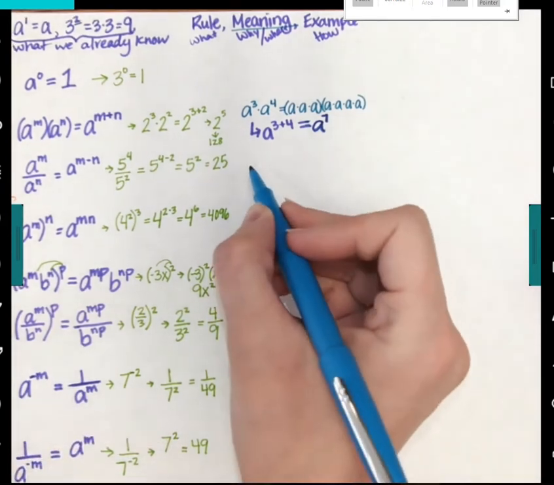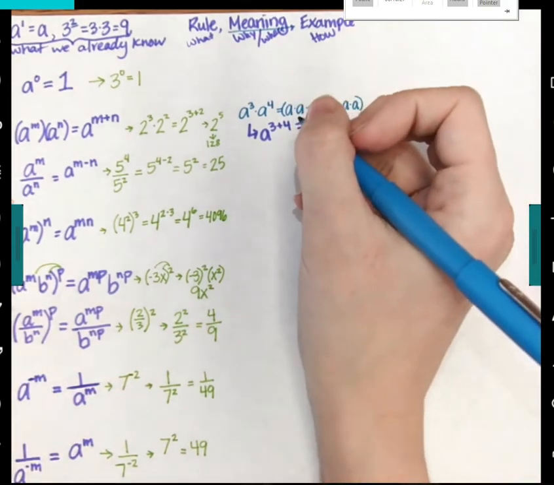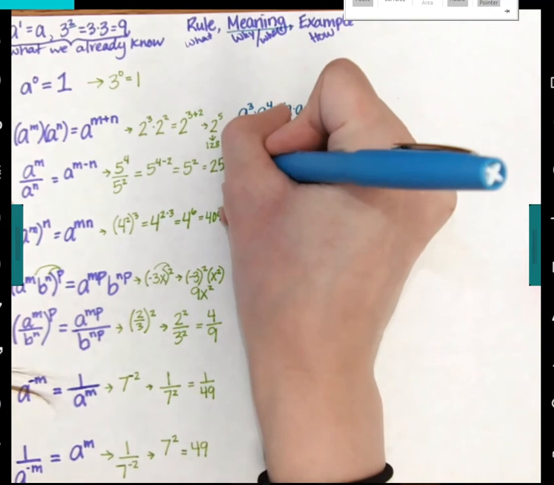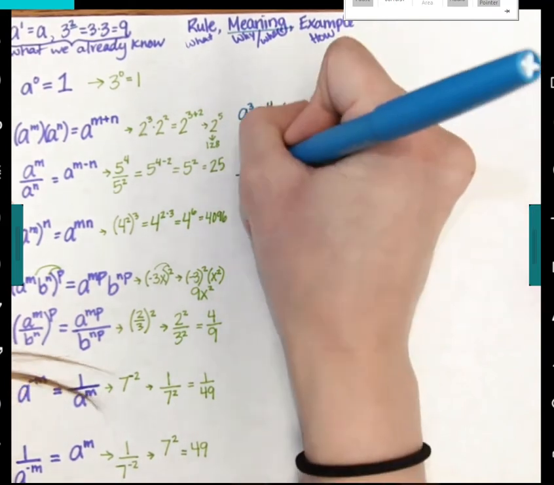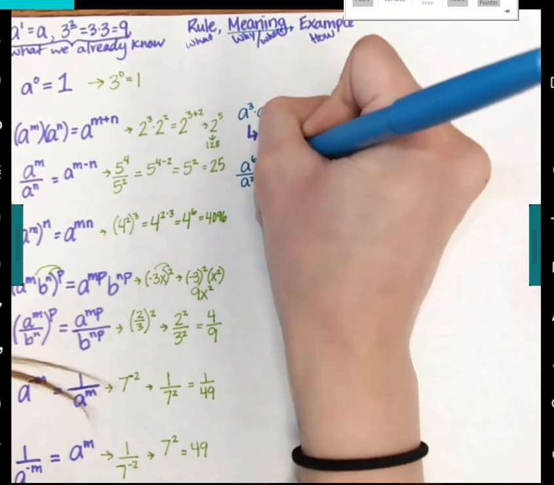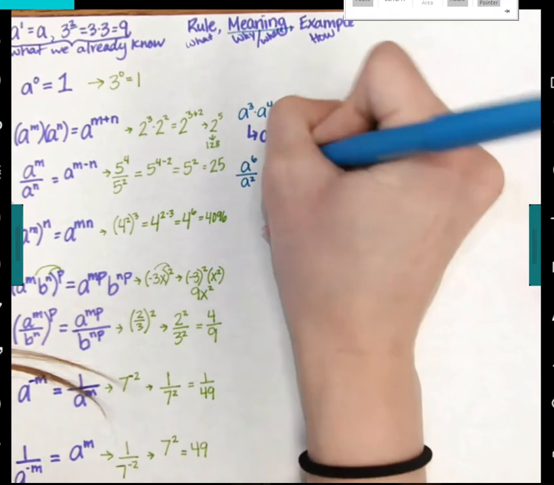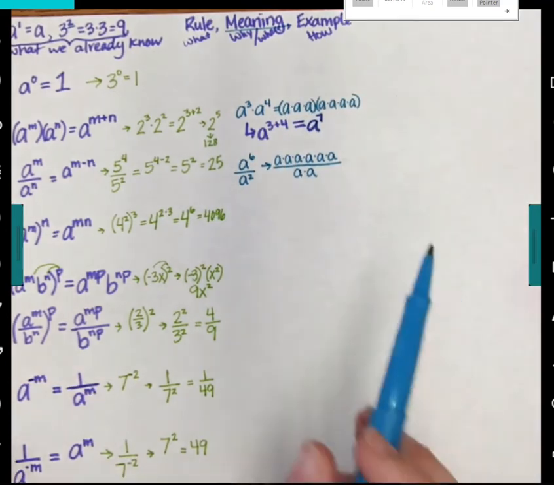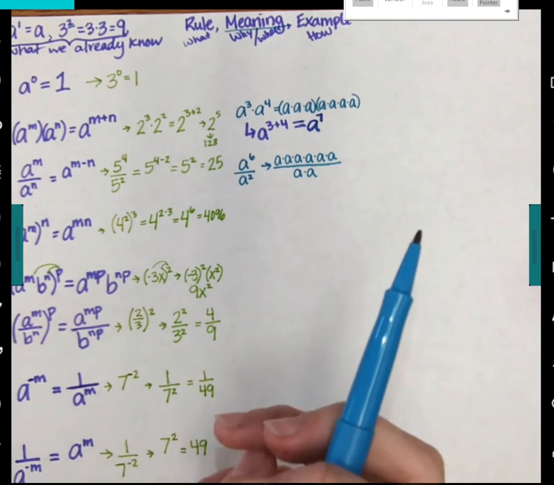Now we're going to do this next rule, because it focuses on those same foundational principles. Where does this one come from? Say we have a to the 6th over a squared. That's 1, 2, 3, 4, 5, 6 over 1, 2. Remember, anytime we have numbers divided by themselves, they give us 1.